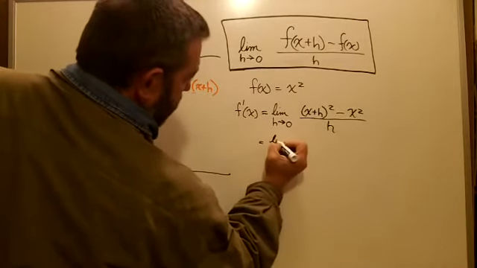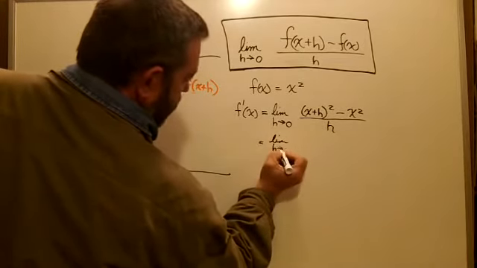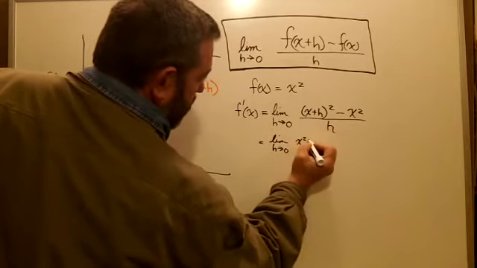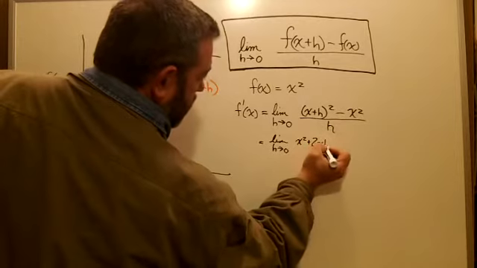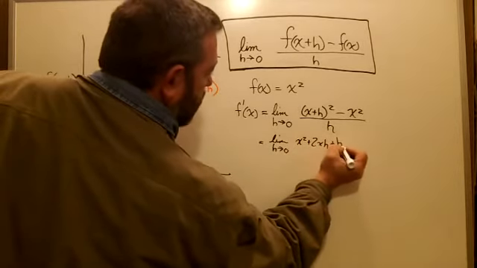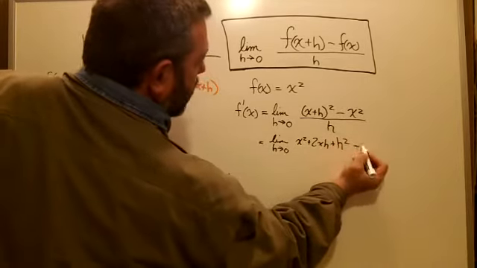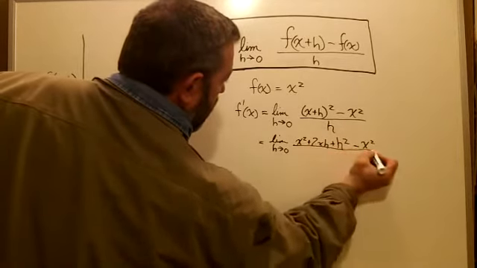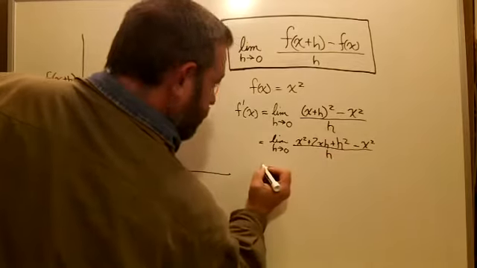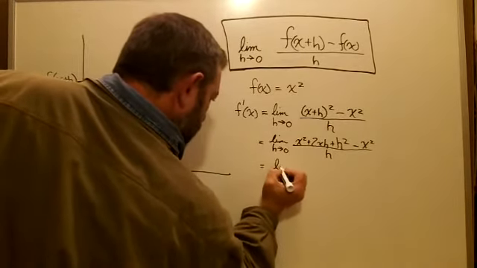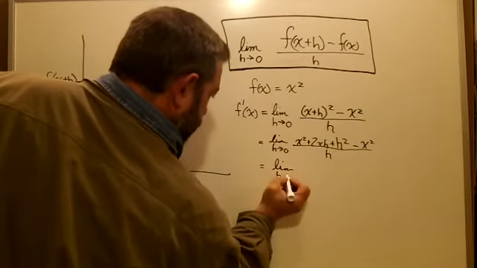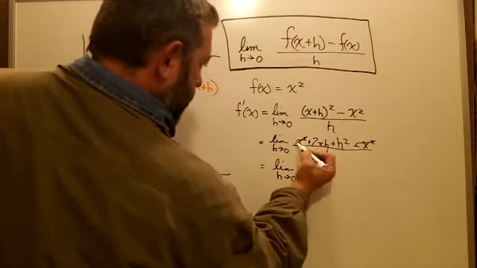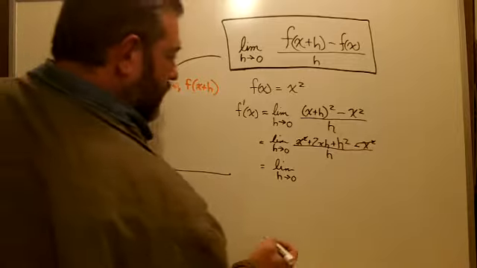Next line here, limit as h approaches 0. To evaluate that, first term squared plus double the product plus last term squared, and then we still have the minus x squared here, all over h. Limit as h approaches 0. We have x squared here and an x squared there. That cancels out.